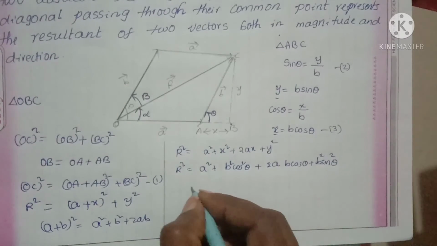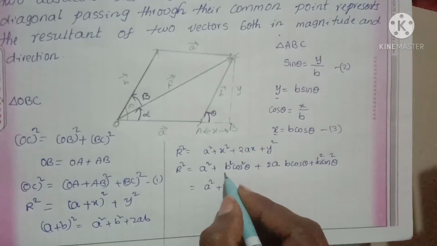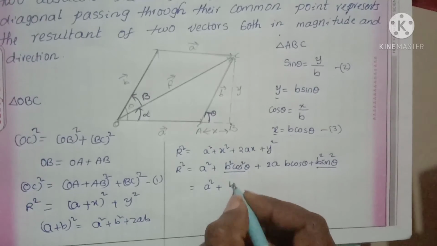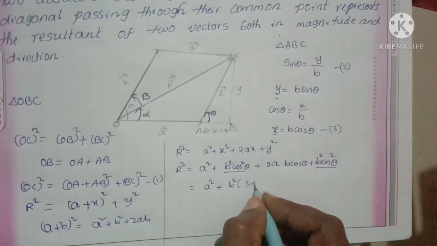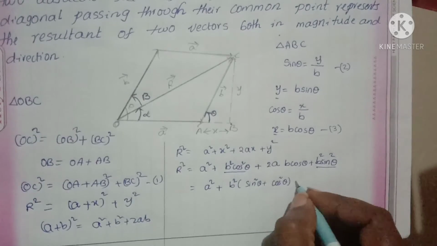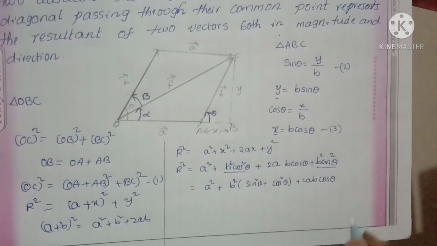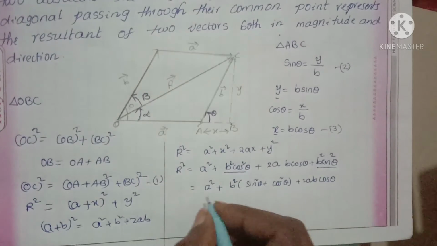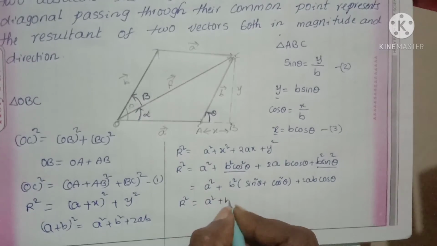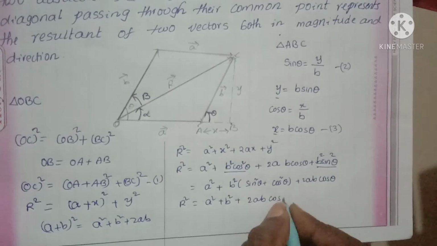Now we can write a square plus b square in both places, so we can take b square common: sin square theta plus cos square theta, plus 2ab cos theta. You know that sin square theta plus cos square theta equals 1. So then R square equals a square plus b square plus 2ab cos theta.